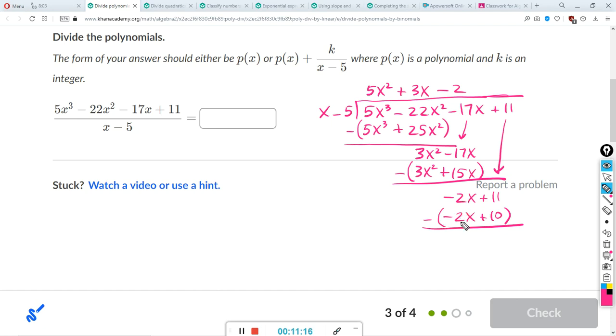Negative 2x and negative 2x is 0. 11 minus 10 is 1. Okay, there's nothing left to bring down. So this is the remainder. Okay, the remainder goes over this right here. So it's positive 1 over x minus 5.